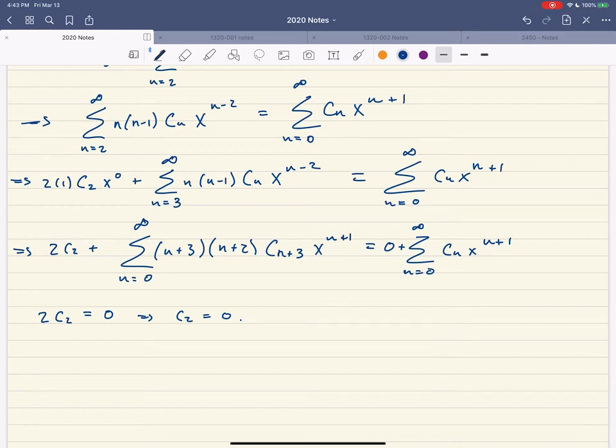We're going to look at the terms in front of our powers of x in the series, so those sequences, and those are going to be equal for all values of n starting at our starting point n equals 0.